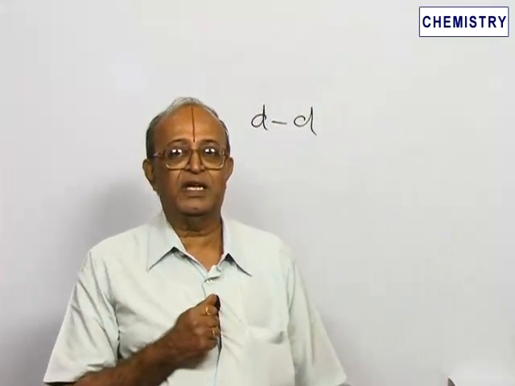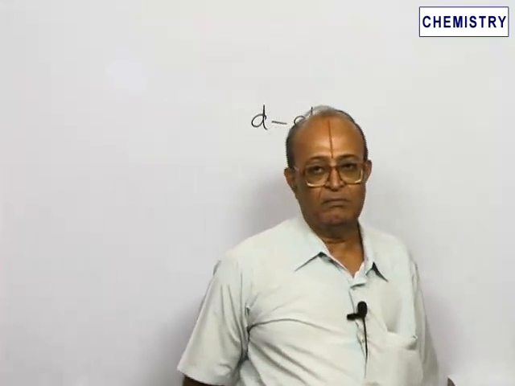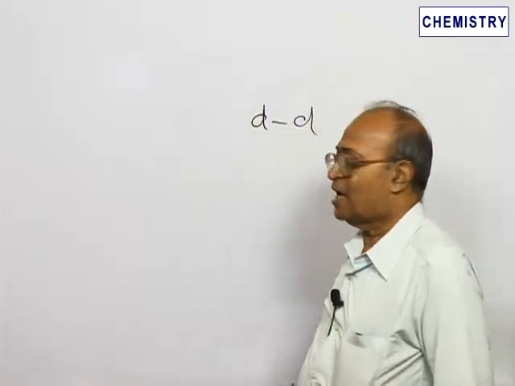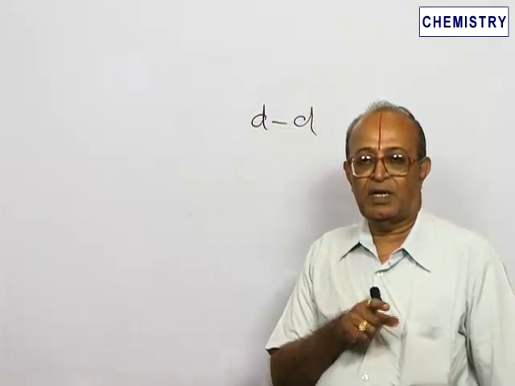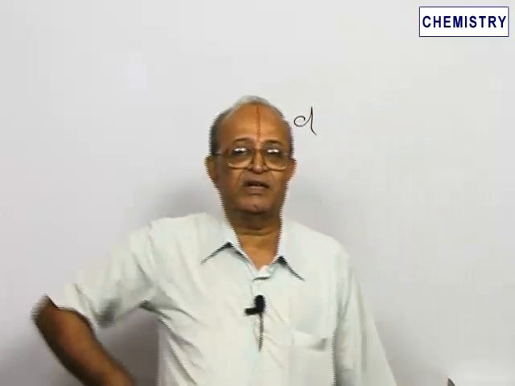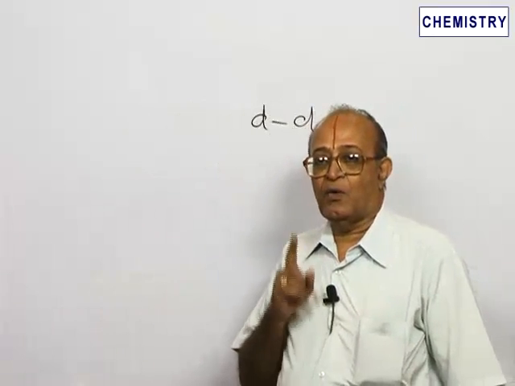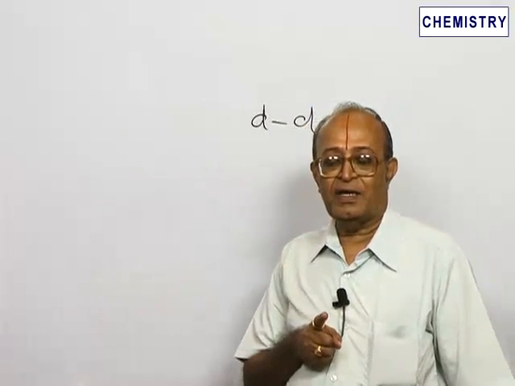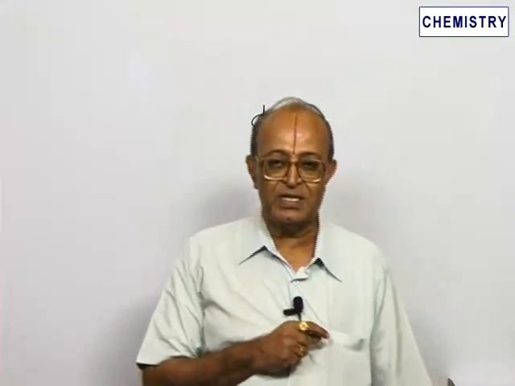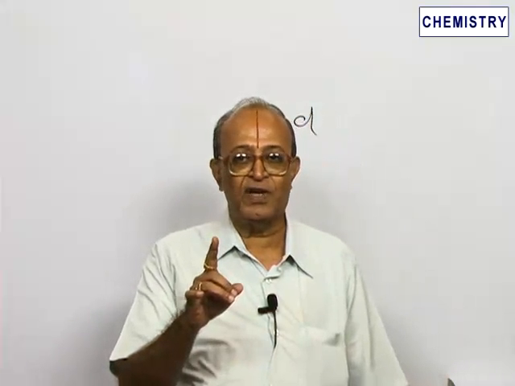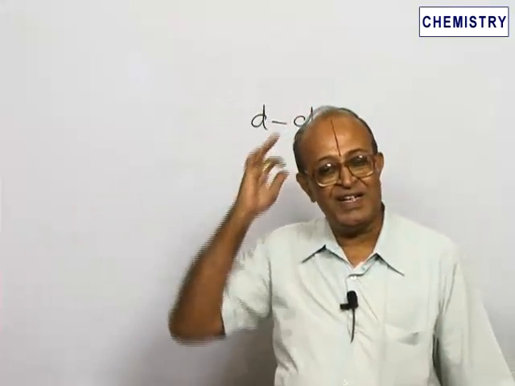When is this D-D transition possible? This is another question. You say if D-D transition is possible, there will be a color. But when is this D-D transition possible? D-D transition is possible only if D electrons are incomplete, in the sense no D0 configuration, no D10 configuration.